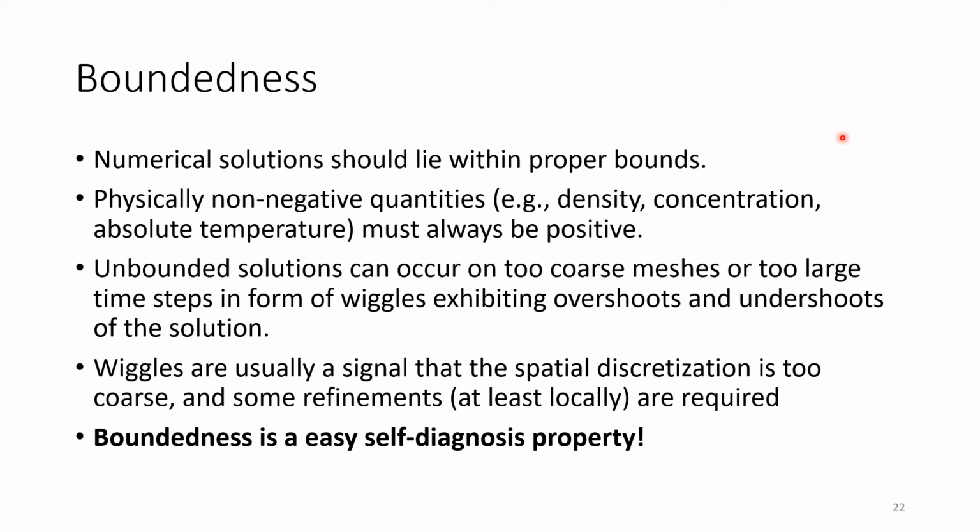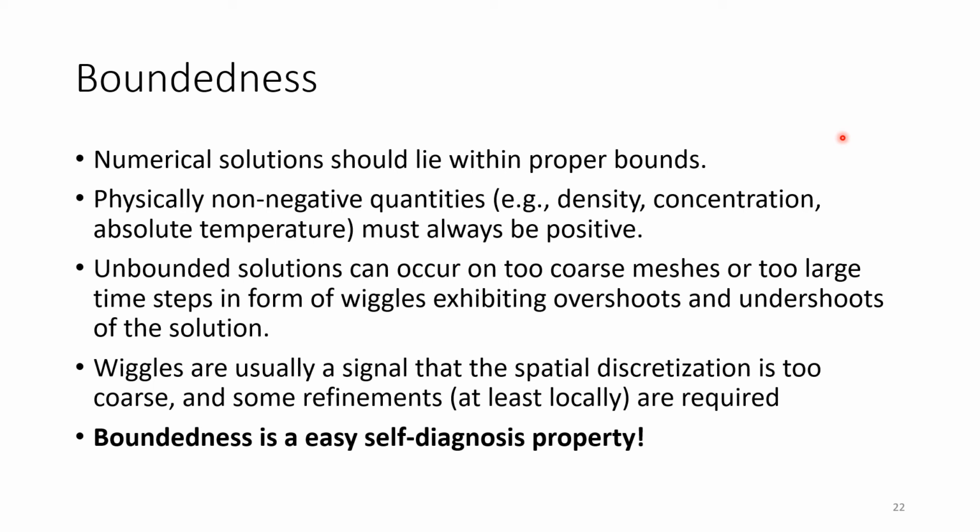I already talked about those kind of wiggles, but if you observe those ones, then you can increase, for example, your spatial resolution, which usually helps to solve these kind of problems, or you otherwise decrease your time step, which is the other possibility to increase accuracy and stability of your problem, right?